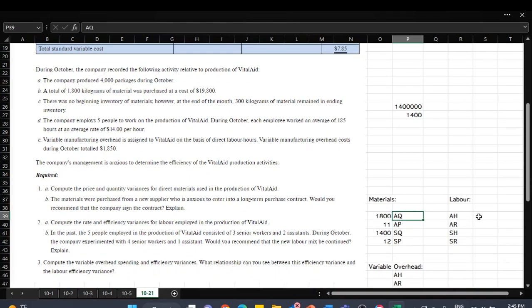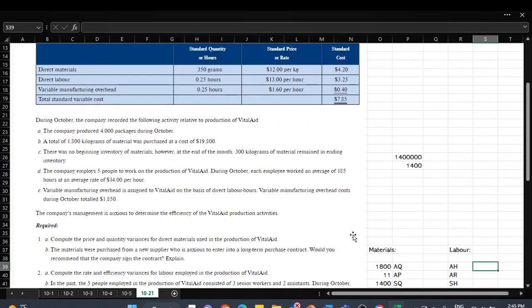So next, let's look at our labor variance. Our actual hours in labor. The company employs 5 people. Each employee worked an average of 185 hours, which gives us actual hours of 925. Each employee works at an average rate of $14 per hour, so that is our actual rate.